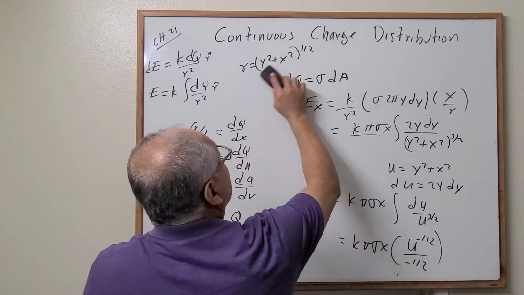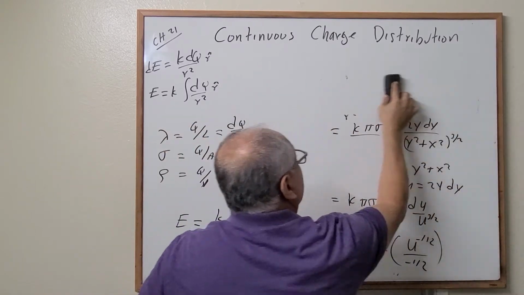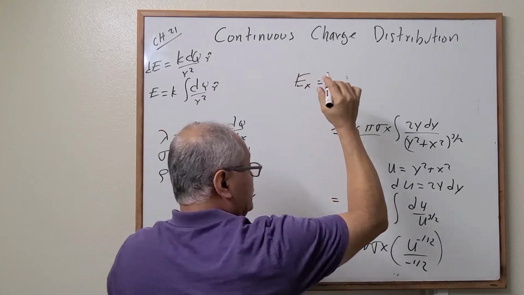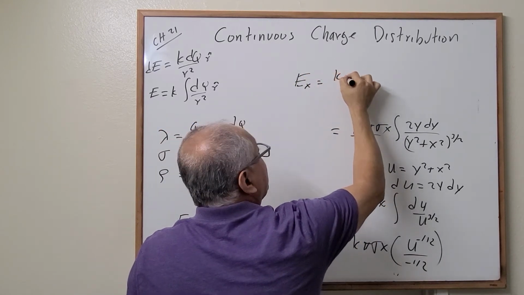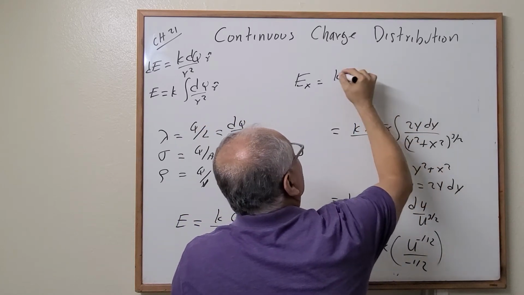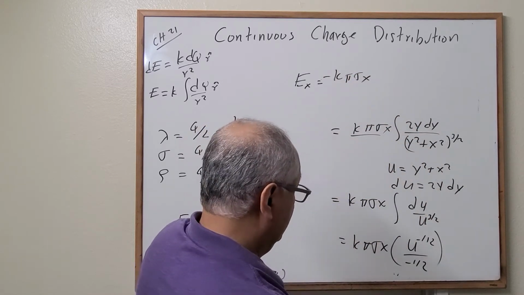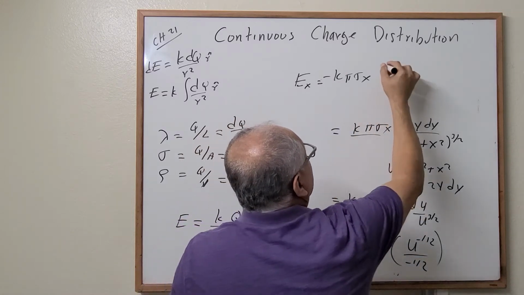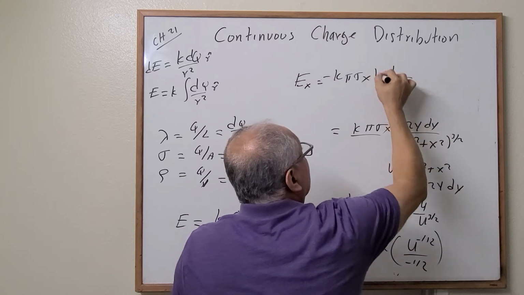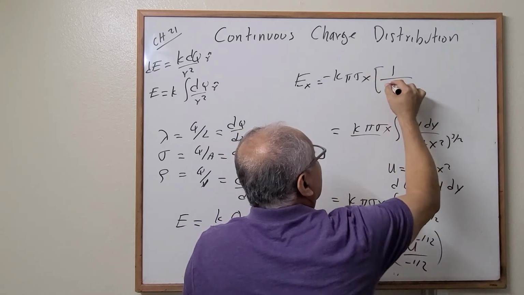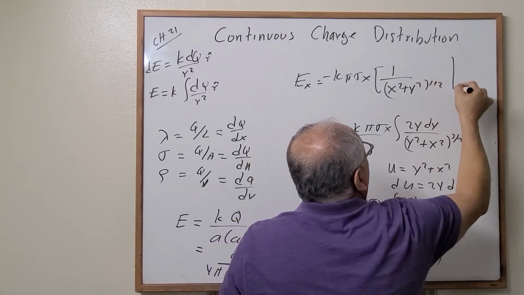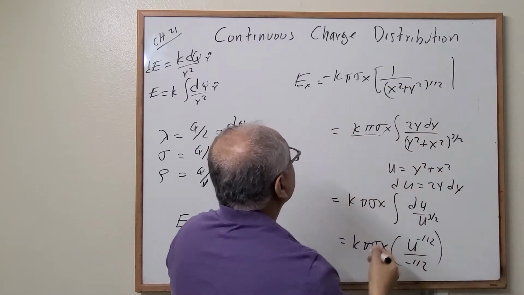I need more room right here. So this electric field is equal to k pi sigma x, negative, it's going to be negative right here, times 1 over x squared plus y squared to the 1/2, from where to where?